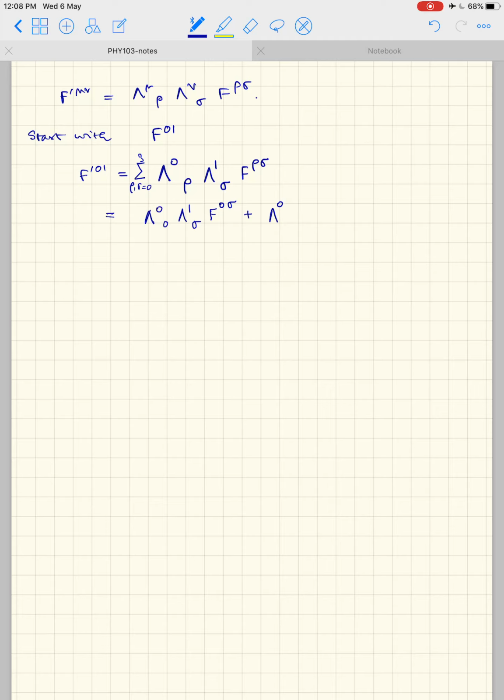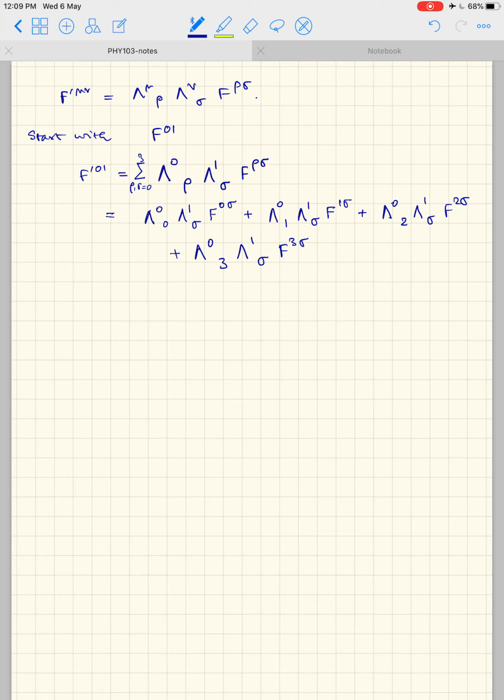So this is what is implied. Let's just do this explicitly. We are doing the rho sum first: lambda 0 0 lambda 1 sigma F 0 sigma plus lambda 0 1 lambda 1 sigma F 1 sigma plus lambda 0 2 lambda 1 sigma F 2 sigma plus lambda 0 3 lambda 1 sigma F 3 sigma.